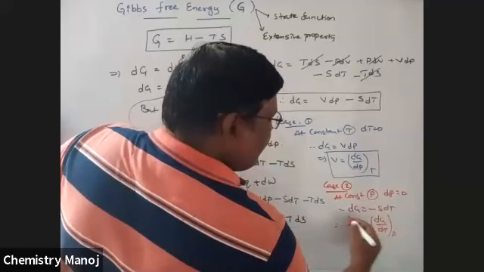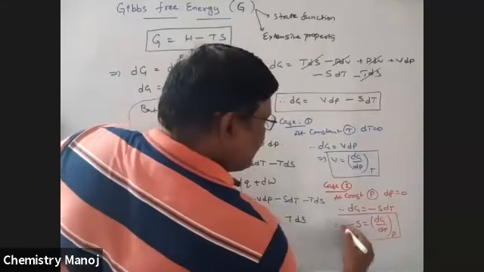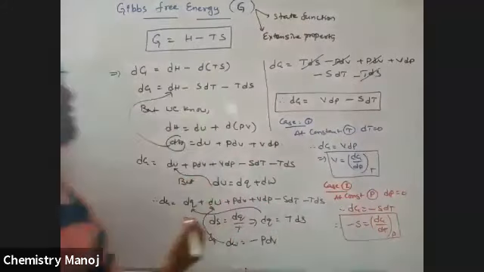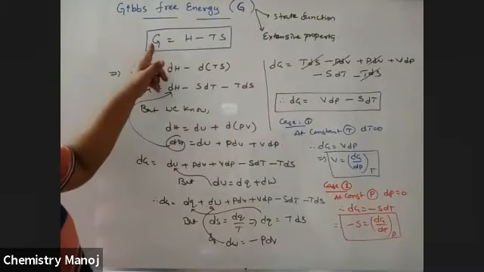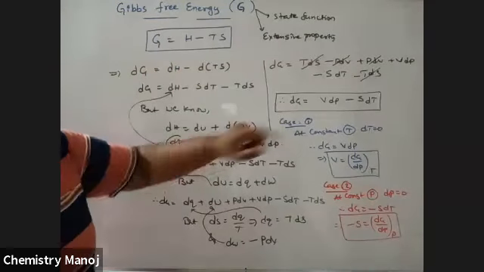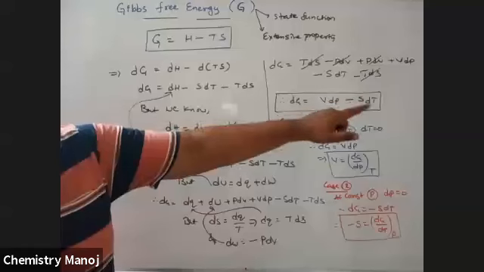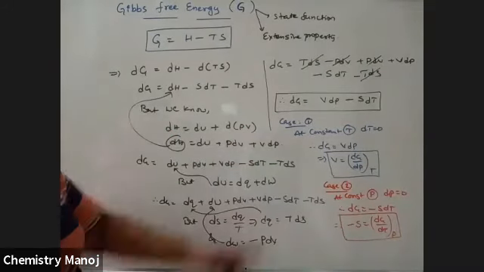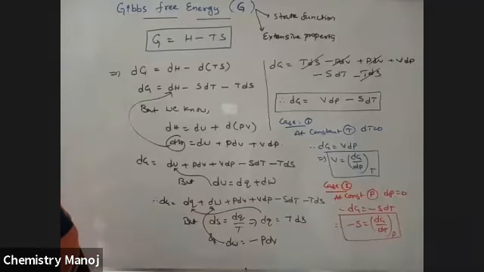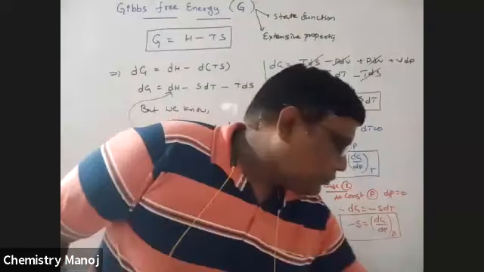So this is also one more important relation. These relations are generally used in objective questions. So the general formula is G is equal to H minus TS, and dG is equal to V dP minus S dT. So case 1 and case 2 are important relations for objective purposes. Okay. Next.